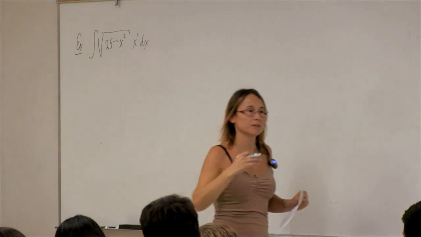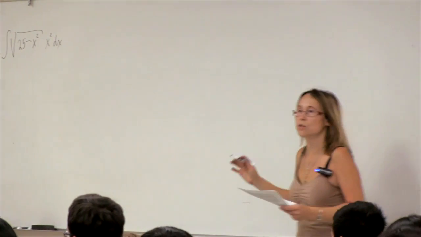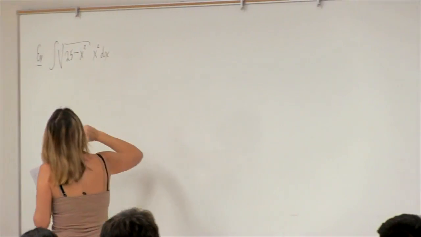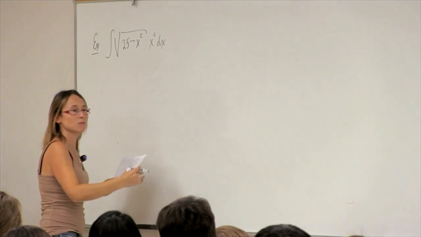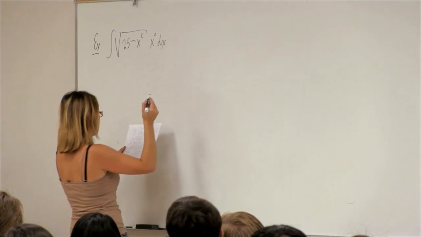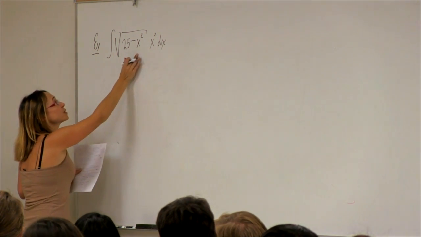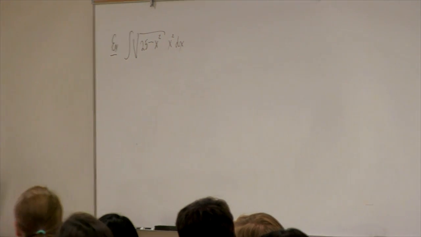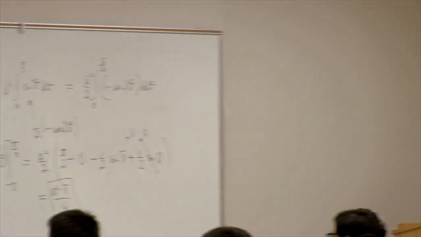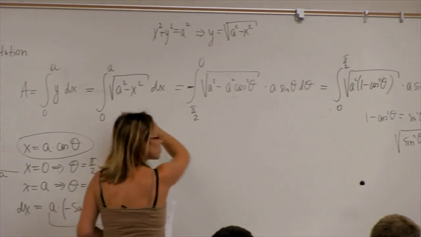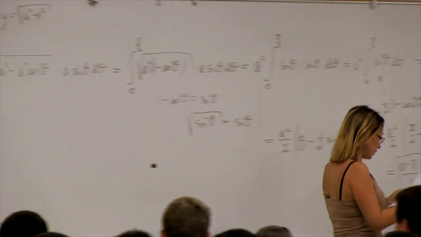This example is a little bit harder than others. Okay, so it's not always going to be that long, but it illustrates a number of points. So I wanted to do this. So what I notice is this combination is similar to this combination, okay, under the square root. And I'm going to take advantage of this.